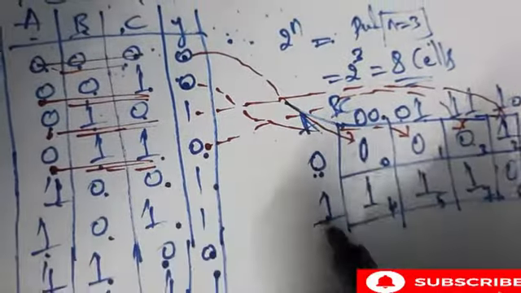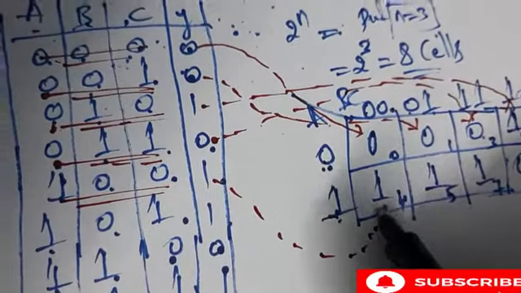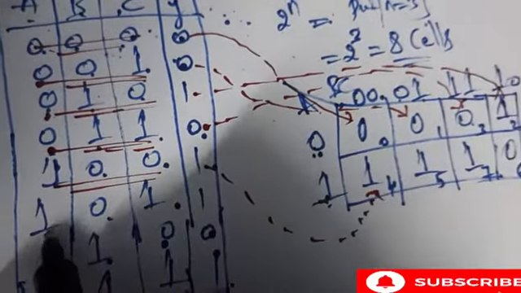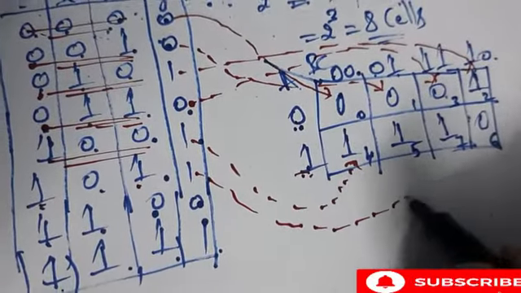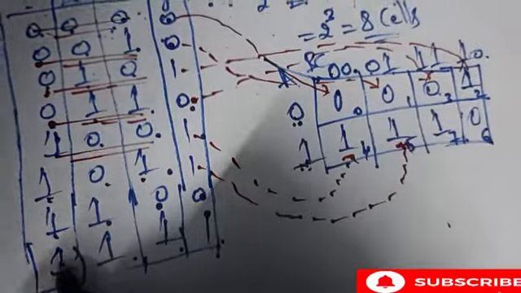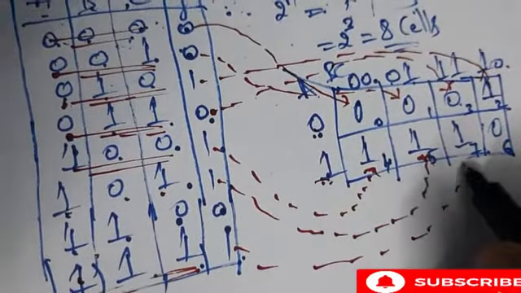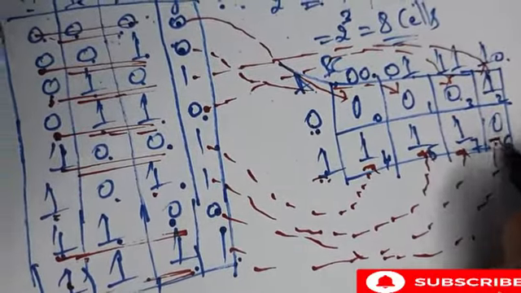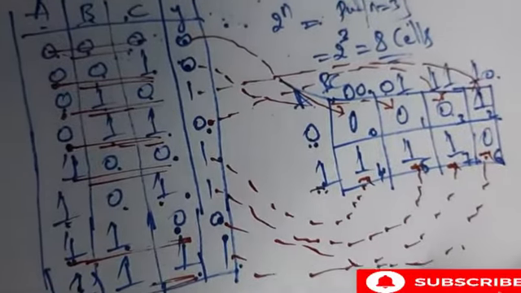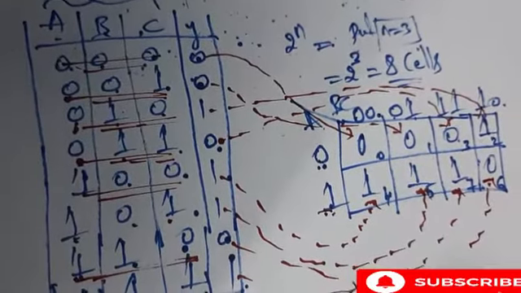Next, 1 0 0 means 1 will be here. 1 0 1 means 1. Next, 1 1 1, 1 will be this. Next, 1 1 0, 0 will be like this. In this way, we can plot the K map.